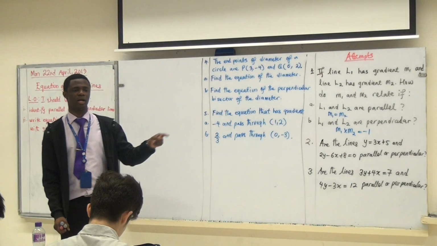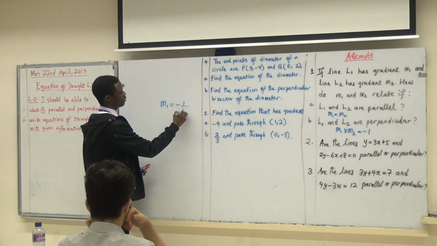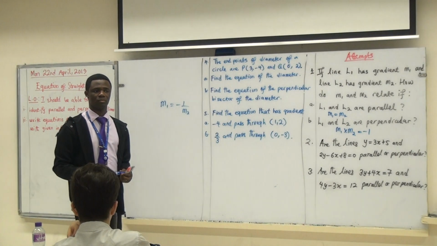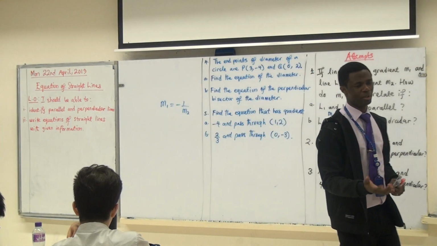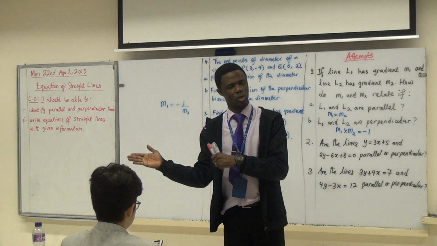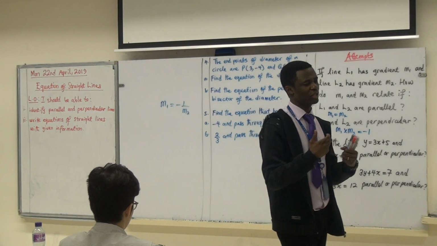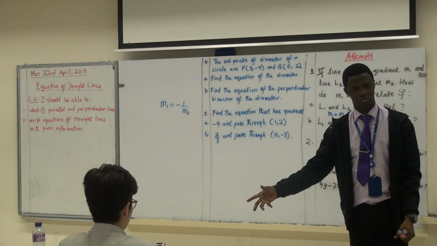So this is where Banye got the relation M1 is minus 1 over M2. Basically, if the lines are parallel, just copy and paste the gradient. If they are perpendicular lines, flip it and change the sign.